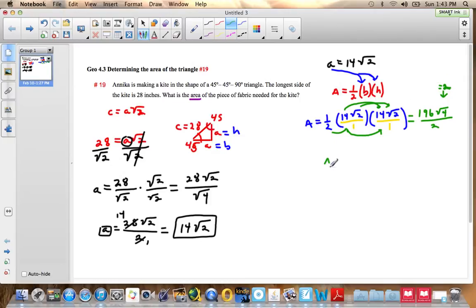So now I have A equals 196 times 2. The reason I have 2 now is because, up here, the square root of 4 is 2, and that's where that 2 is coming from. Then I'm going to divide all of that by 2.